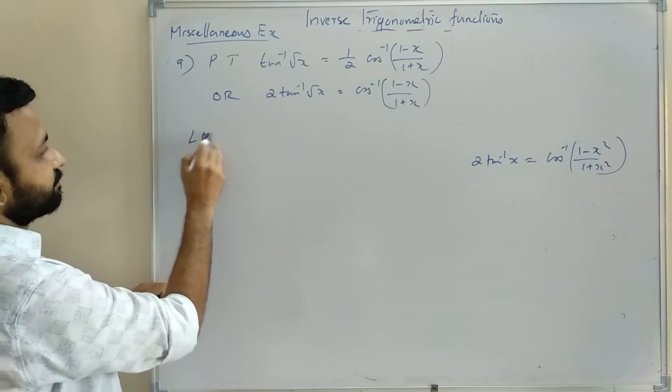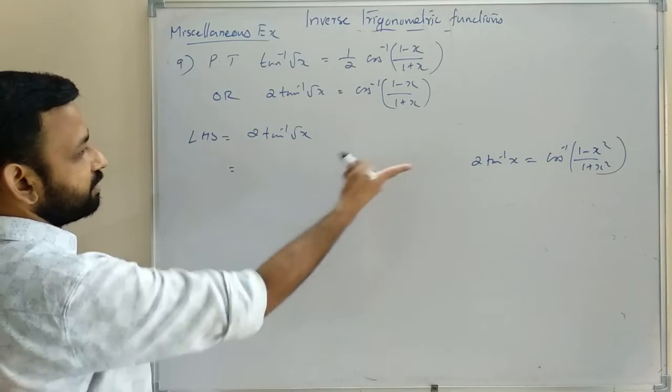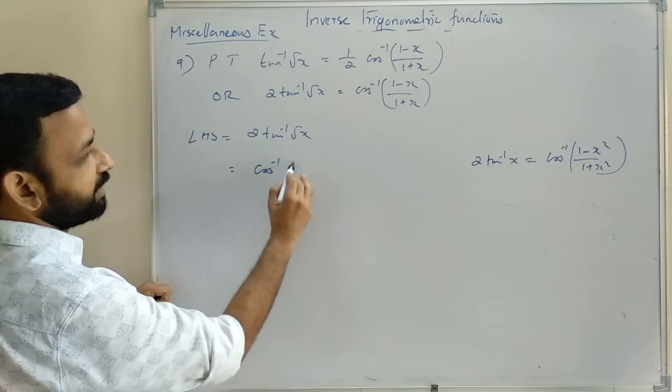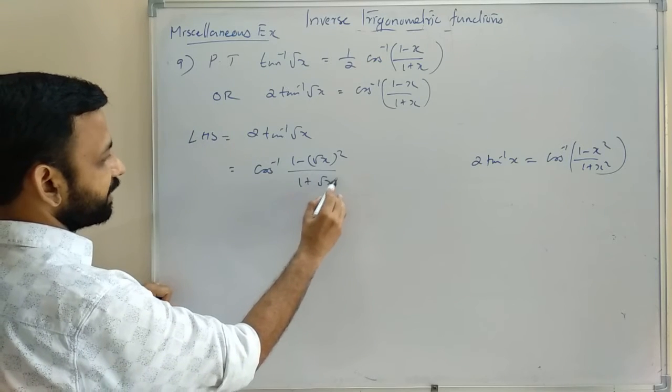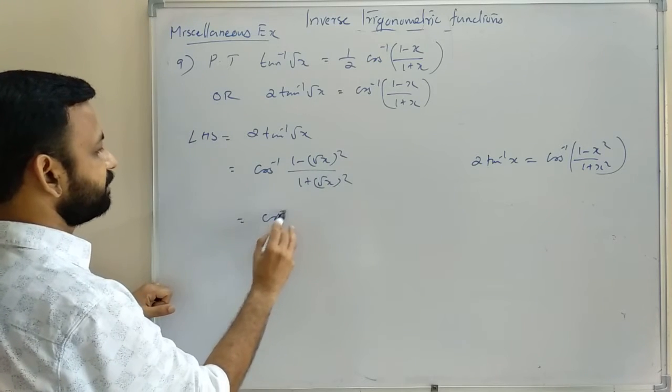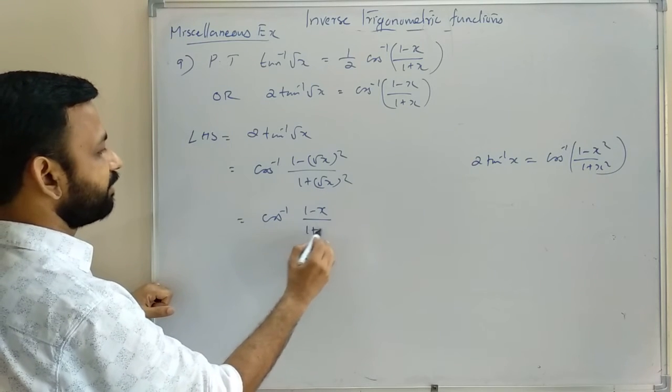So LHS equals 2 tan inverse root x. Using that formula, that is equal to cos inverse of (1 minus root x square) upon (1 plus root x square), that is cos inverse of (1 minus x) upon (1 plus x).